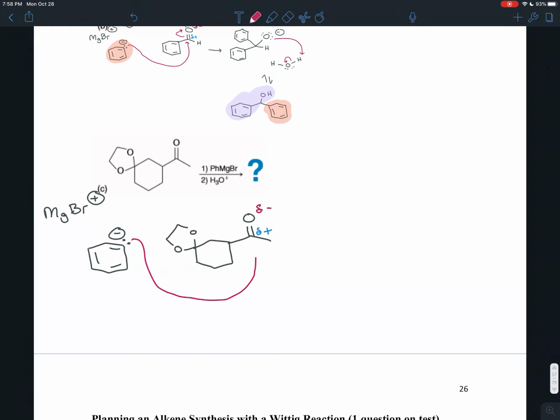So our nucleophile with a negative charge can swoop in, attack that carbonyl carbon, the pi bond breaks, the electrons go onto that oxygen. It had 2 lone pairs. After this, it's going to have 3.